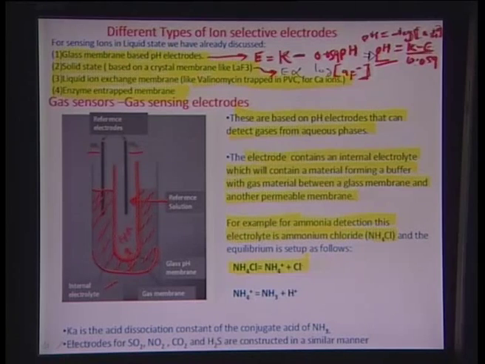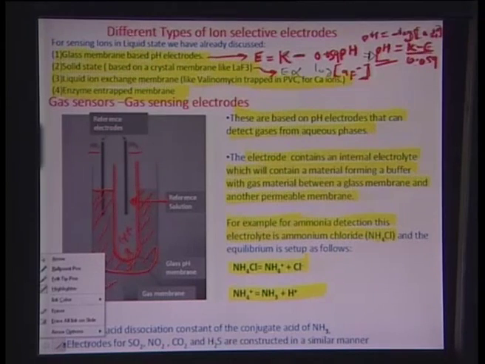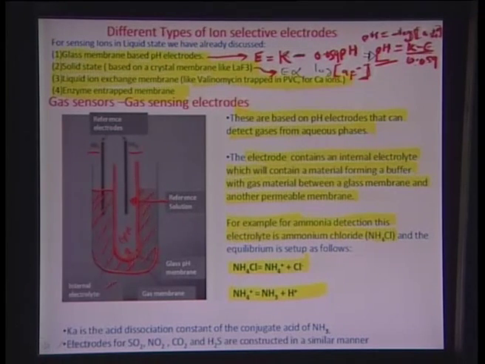And then we assume that there is an equilibrium relationship between the NH4 plus concentration within this electrolyte, and the ammonia NH3 and hydrogen ions H plus in the following manner: NH4 plus is in equilibrium with NH3 plus H plus.